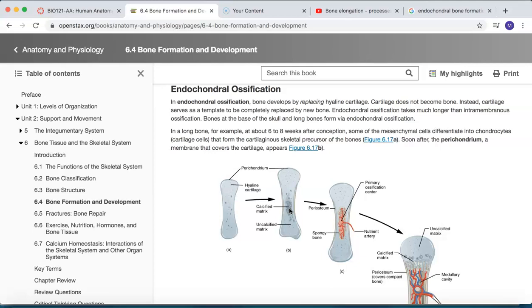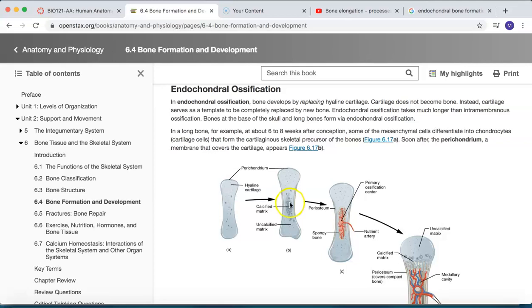Here's the reason. Typically, hyaline cartilage and all cartilage is not penetrated by blood vessels. And you can see here there are no blood vessels penetrating this, and because of that, the cells near the middle are only receiving their nutrients and their exchange of oxygen and other waste products by way of diffusion into and out of the hyaline cartilage model.